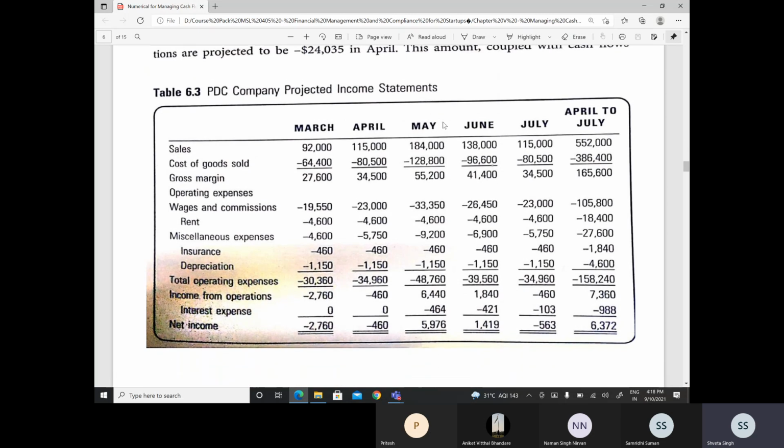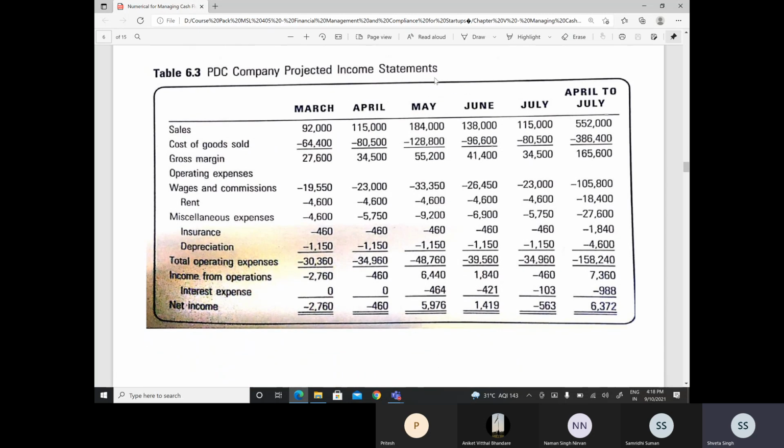So this is the projected income statement for PDC for the 5 months. Sales 92,000 less cost of goods sold of 64,400 in March, we had the gross margin or gross profit of 27,600.